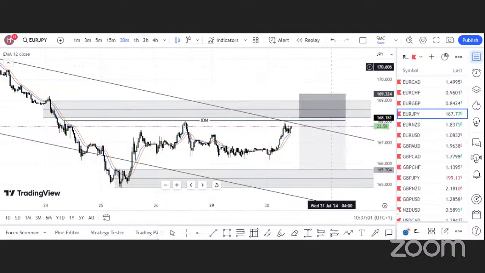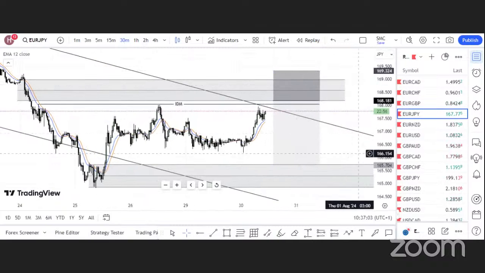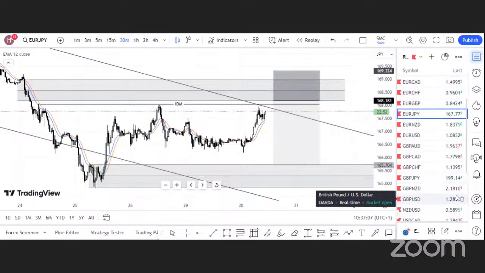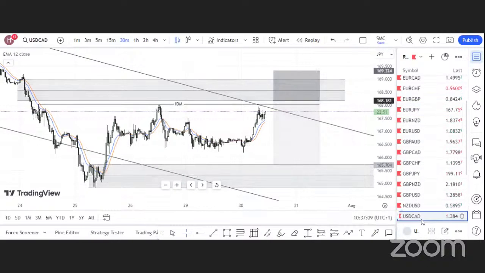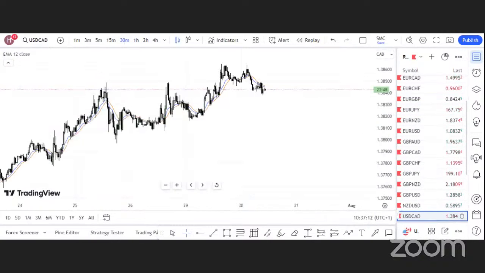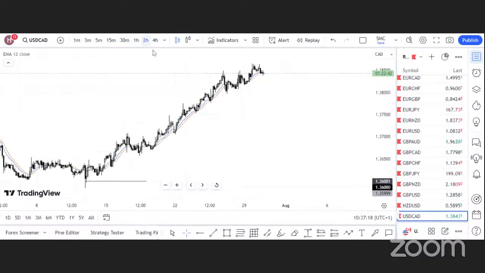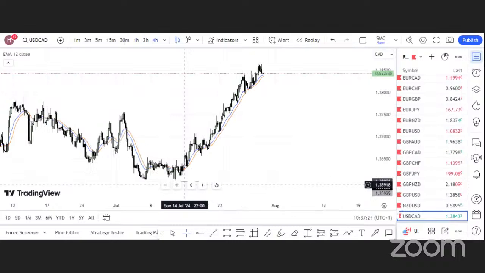So let's continue to make more analysis before the end of our session. Let's make analysis on USD, that's our next point of interest.